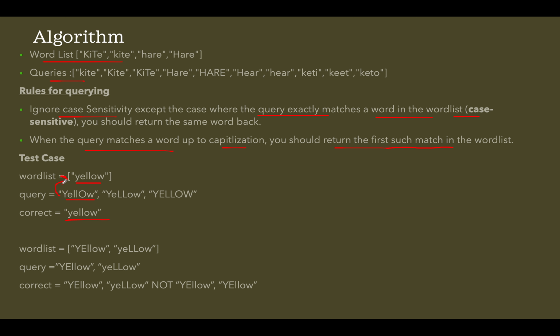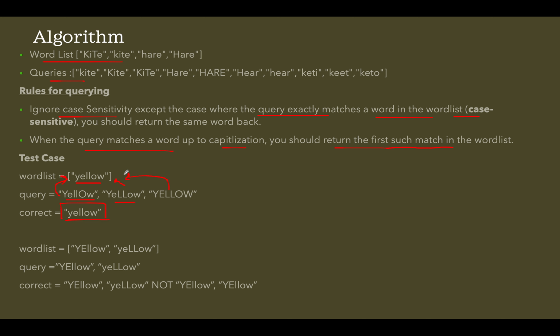Awesome. And then we have yellow spelled capital YELL, double L, O and W. So this also matches with this. So for all these three cases, we'll have to return yellow as an answer.